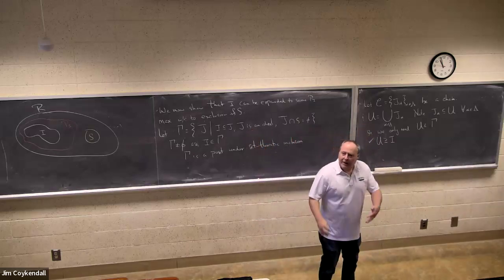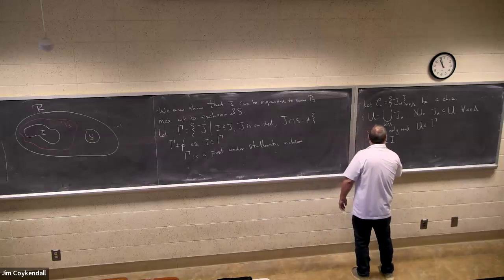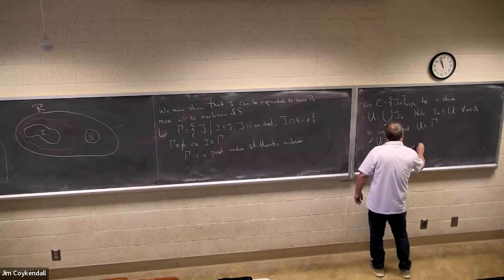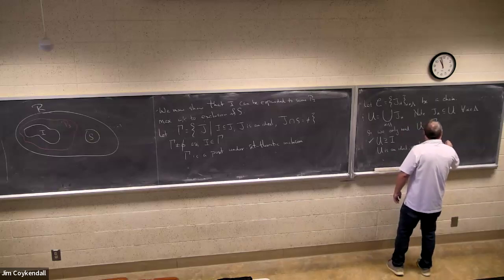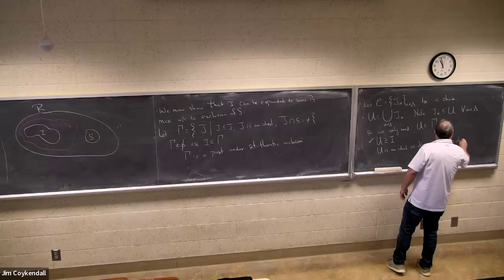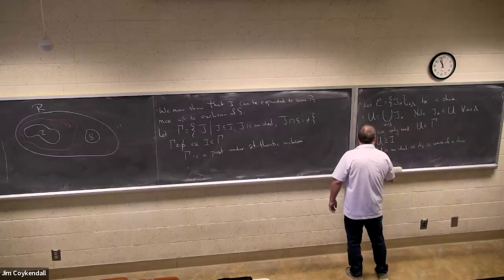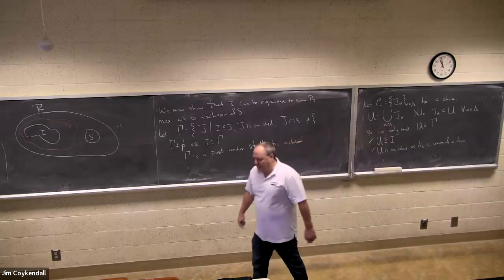We've done this before too. U is an ideal because it's a union of a chain. And finally, we need U intersect S to be empty. That's got to be true as well.